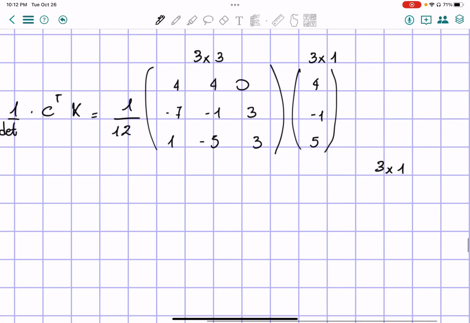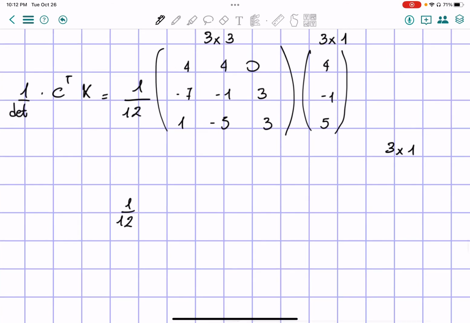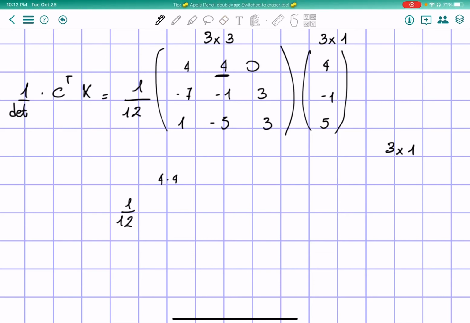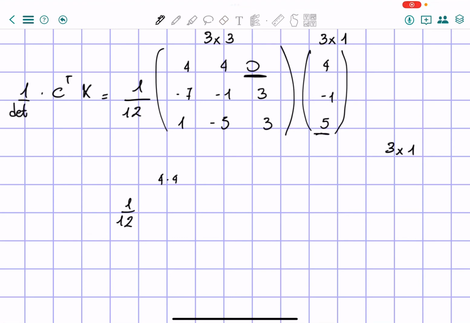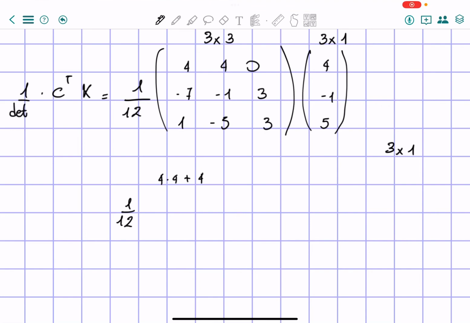So we're going to do this. We're going to have 1 over 12 in front, of course. And then the first row will be 4 times 4, because we take this one and multiply by this one. Then we take the second one and multiply by the second one. And then we do the third one times the third one. So we're going to have 4 times 4, plus 4 times negative 1, plus 0 times 5.